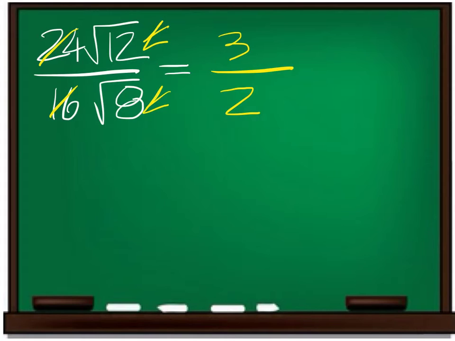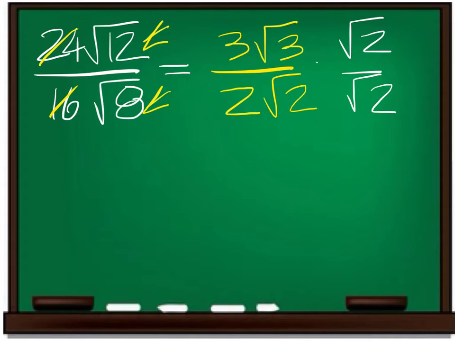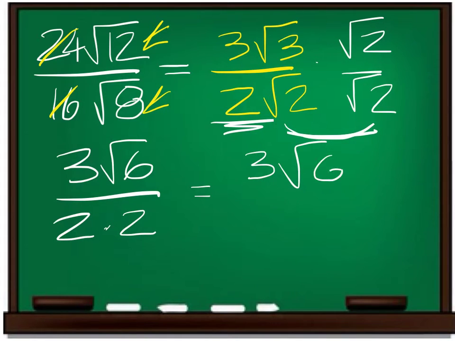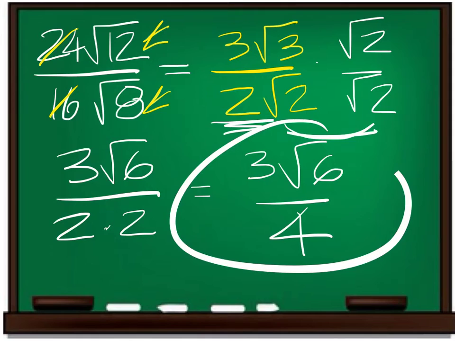I can get a square root of 4 out of both of those and come up with square root of 3 over square root of 2. And then multiply the top and the bottom by the square root of 2 to get 3 square root of 6 over 2 times 2. So 3 square root of 6 over 4. Is that the same as the last time we did it?